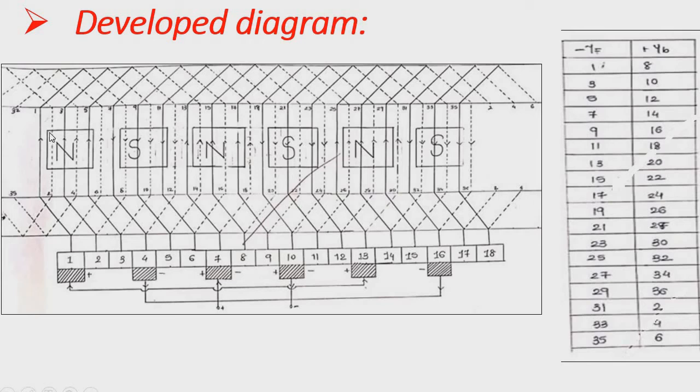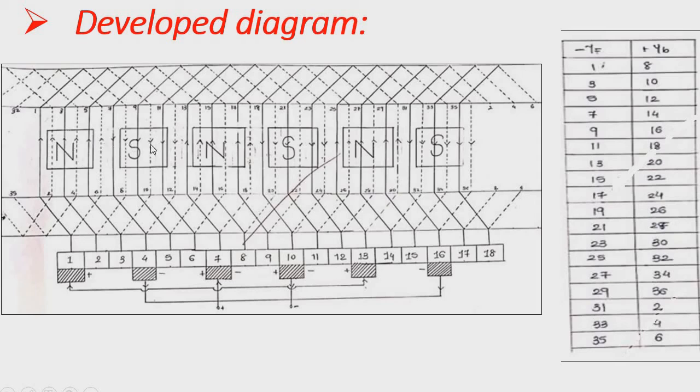But from a practical and theoretical view, each and every pole covers only 70 to 80% of the coils. So we have to leave one conductor before the pole and one conductor after the pole, as it is not covered under the pole.